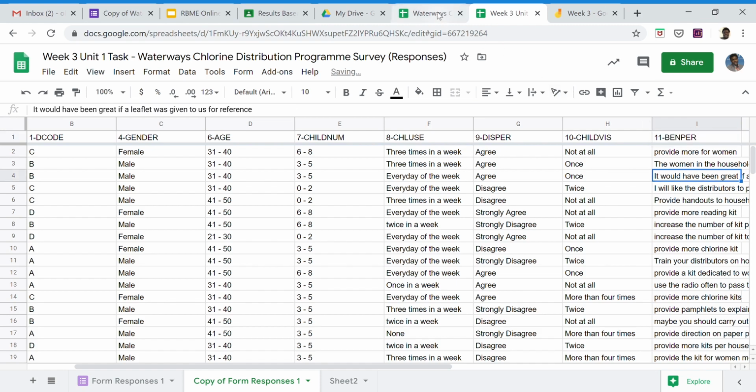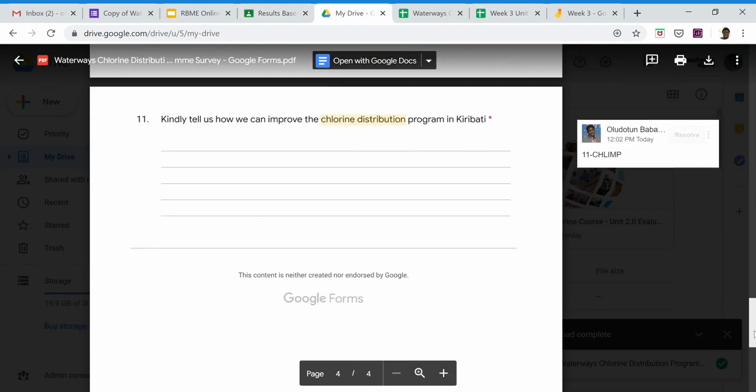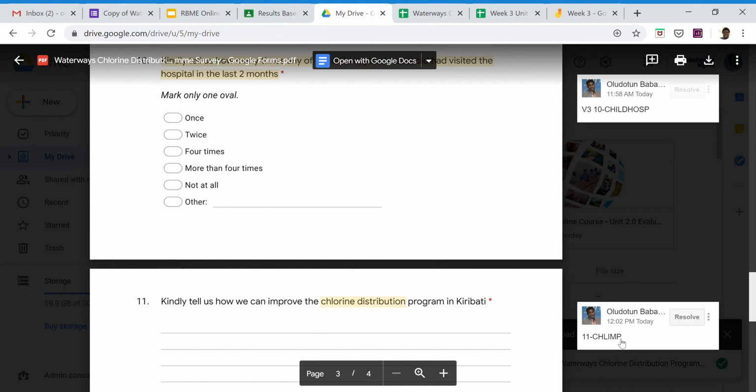Although, let me go and check so that we have the same thing. We already did this, CHLIMP, chlorine improvement. Okay.